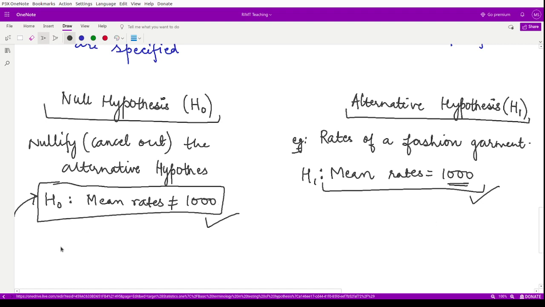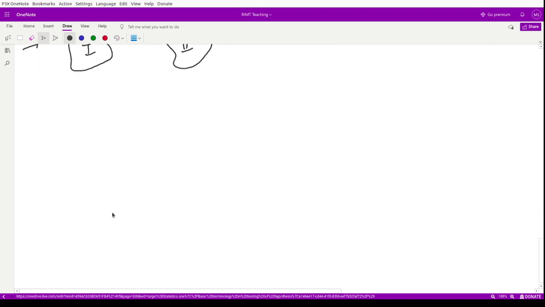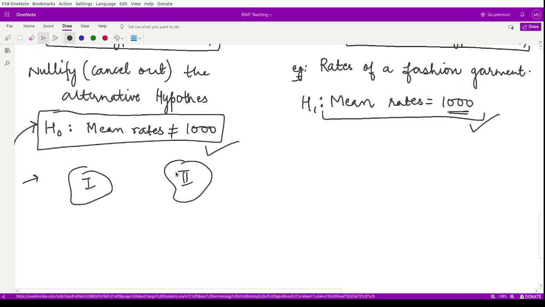And suppose we are comparing two varieties, suppose this is one variety, this is the second variety, right? These are two samples of the product that you are seeing. For the first variety, we are saying the mean is mu1. For the second variety, we are saying the mean is mu2.